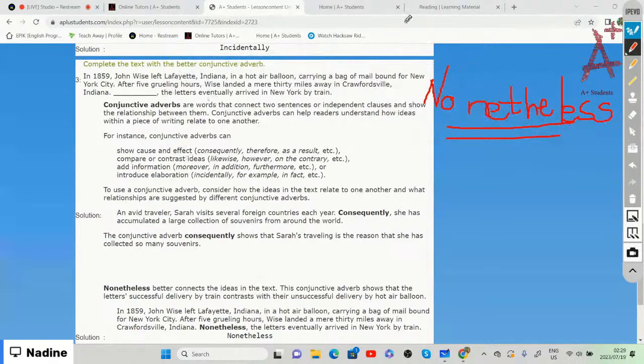Nonetheless, or however, eventually the letters successfully arrived in New York by train, right? So there is a contrast between the transportation of the hot air balloon and the delivery by train, because eventually the letters got to their destination, which is New York.